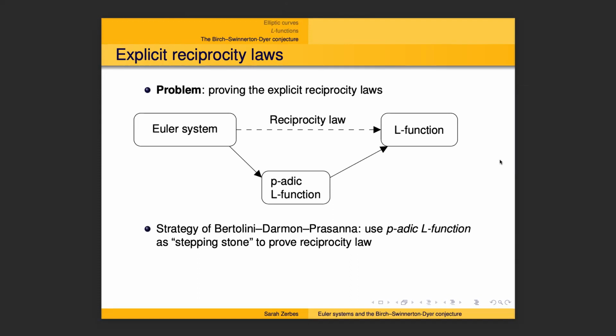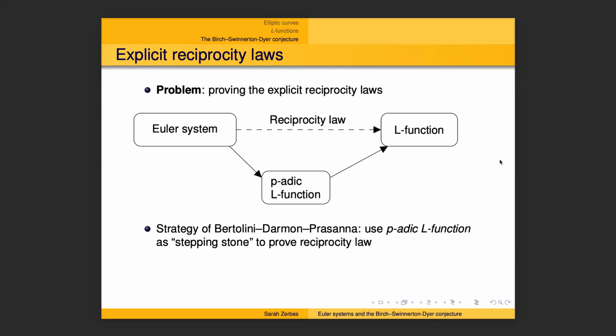The p-adic L-function is somewhere in between the complex analytic world and the geometric world, where the Euler system lives. Now, in the case of GL2 times GL2, we were able to carry out that strategy. But the reason was that the underlying Shimura variety was really simple. It was just a product of two modular curves.